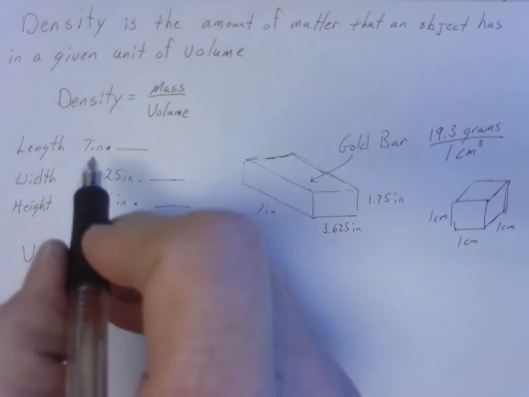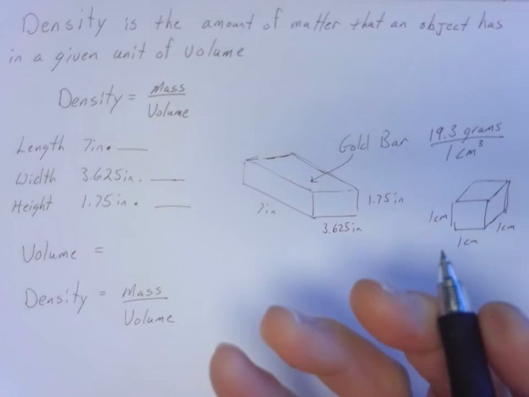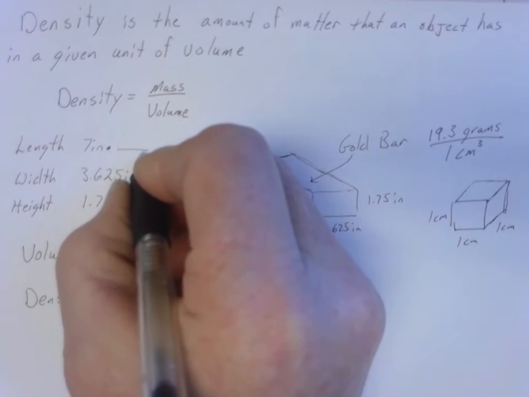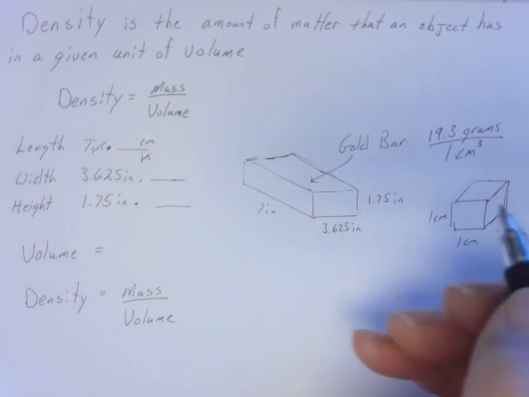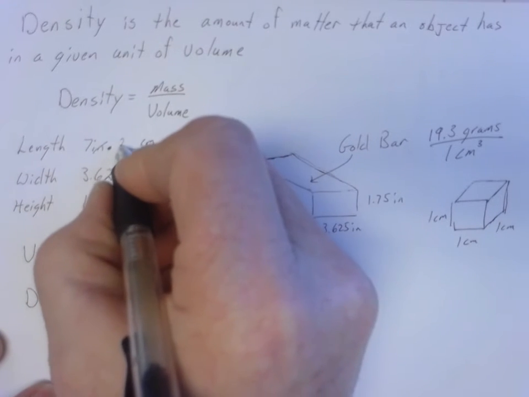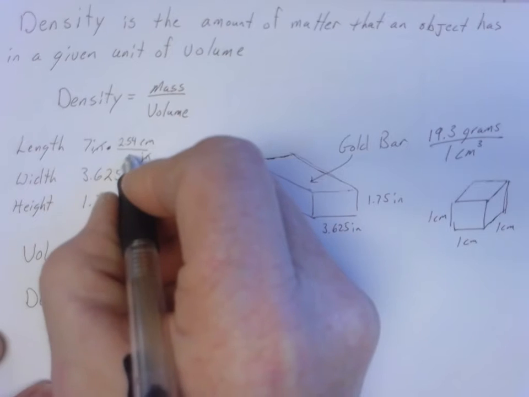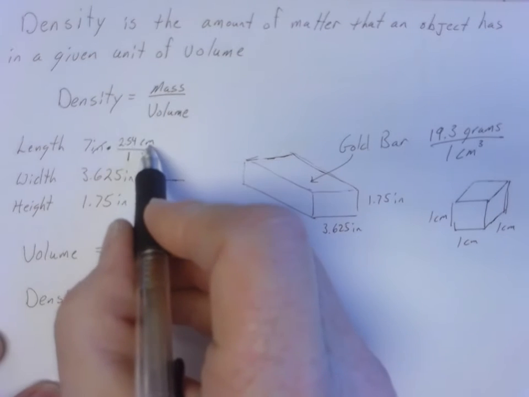So right here we're going to convert 7 inches to centimeters. I'm going to put inches on the bottom so that they'll eventually cancel. I'm going to put centimeters on top because that's the unit I'm converting into. And then I worry about the ratio between the two. So in every inch, there's 2.54 centimeters.